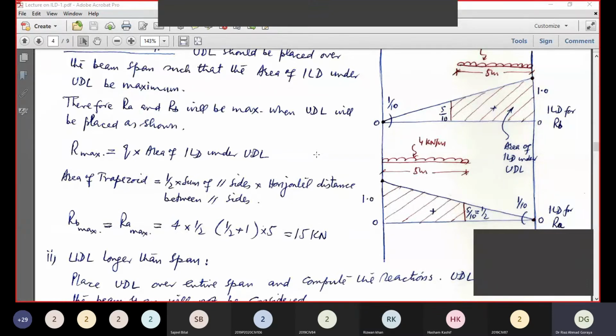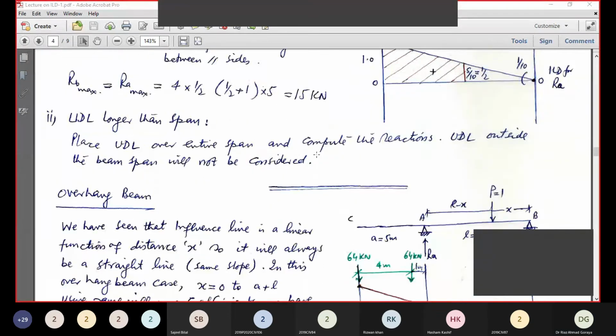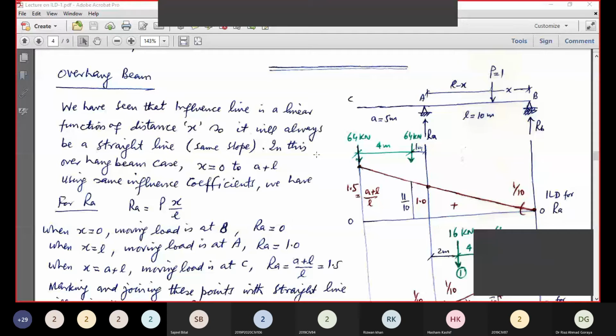So now we take up the case of an overhang beam. Now the portion AB is similar to the previous one, but the portion AC is the overhang portion.